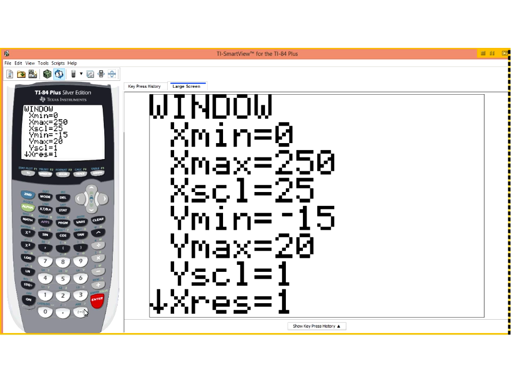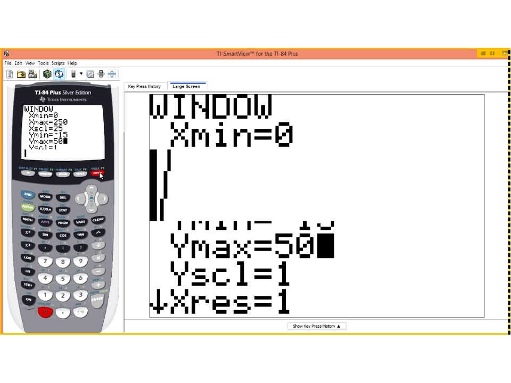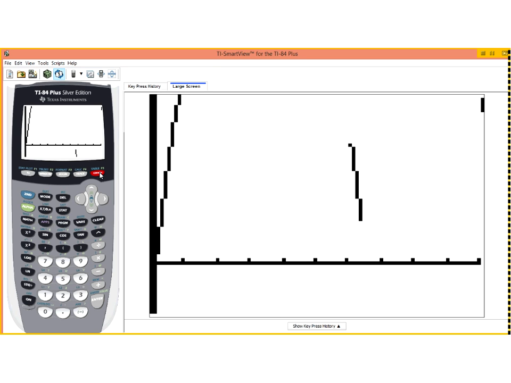My fixed costs are minus 10, so minus 15 is good. I don't know what my maximum's going to be. Let's try 50 and we can go from there. Oh, 50 is way not high enough.